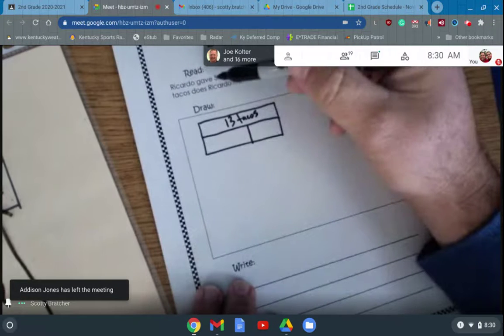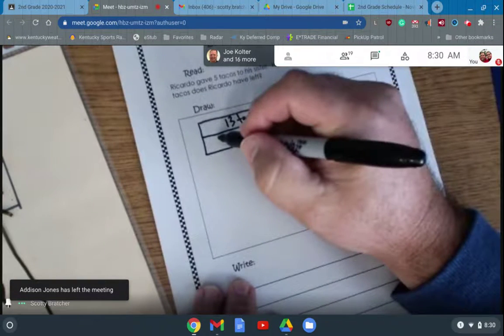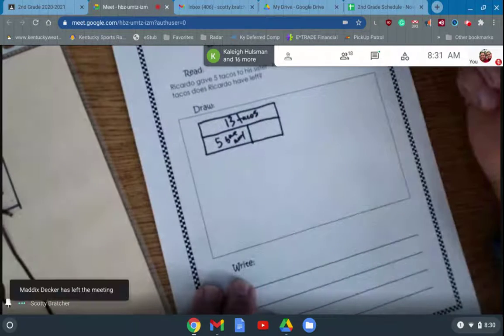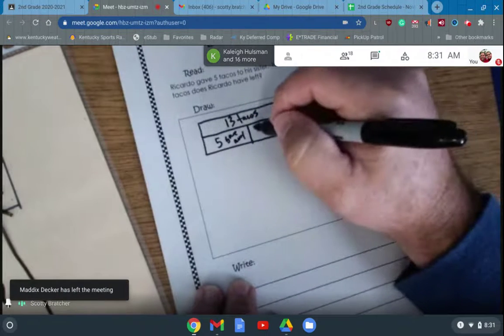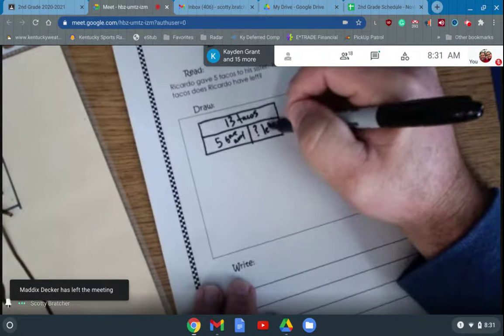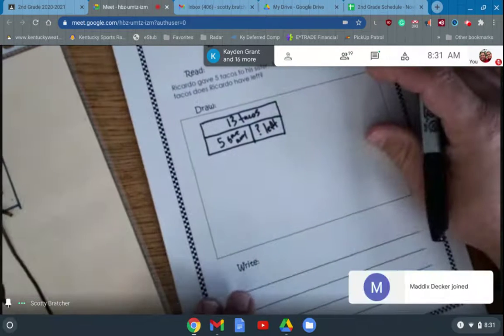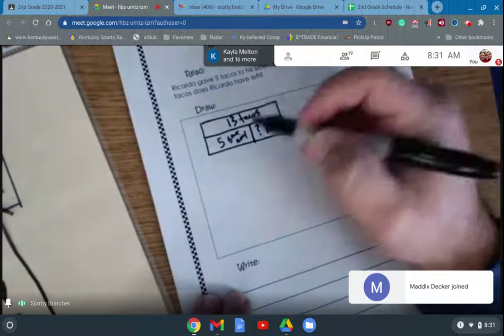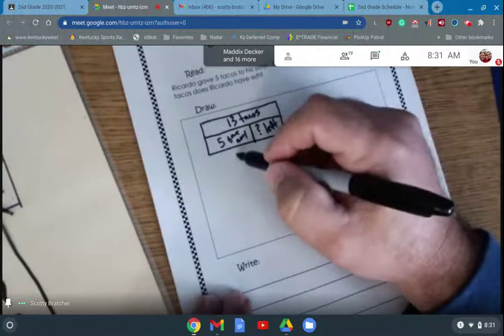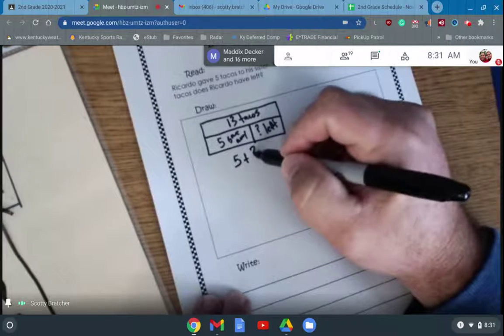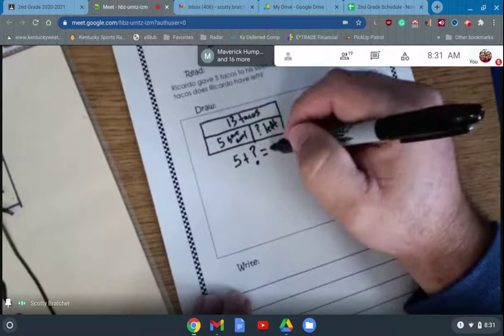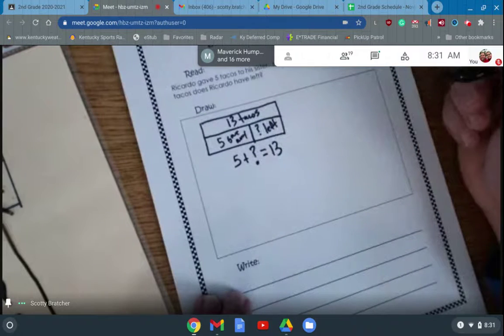I know that the one part is 5 that he gave away. What's left, I don't know right at the moment. So in a part-whole model, I take these two parts and add them together. It's 5 plus, I don't know, equals my total, or my whole, which is 13.